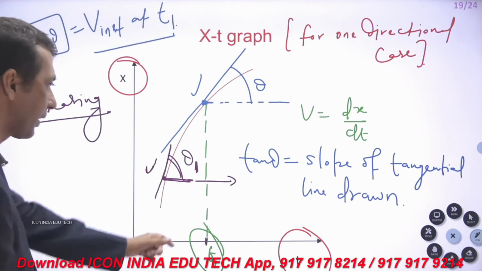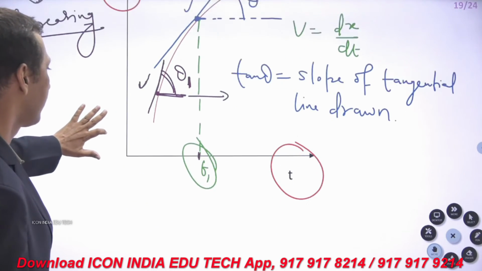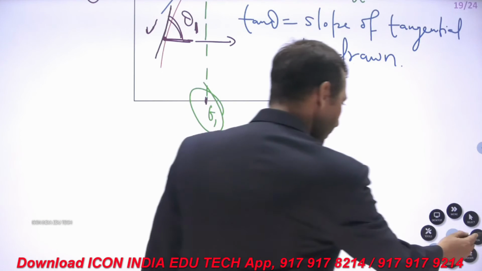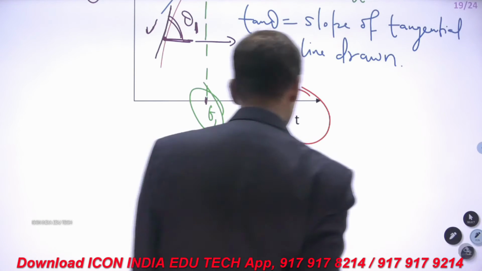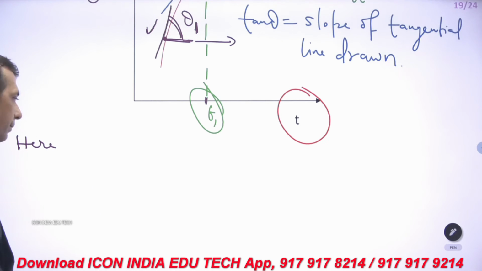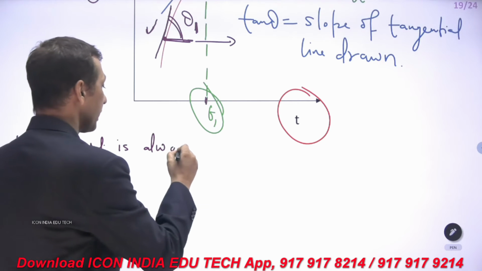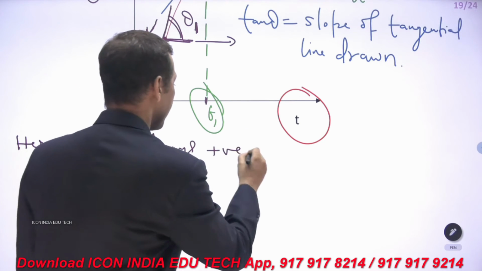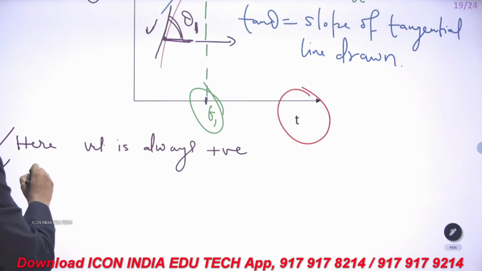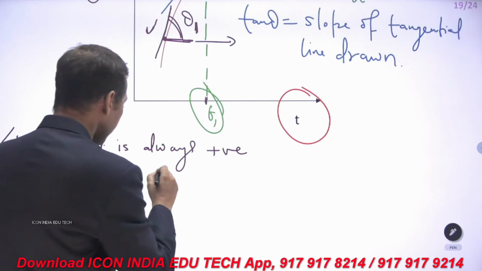So in this example, we can write certain conclusions. Velocity is always positive. Whatever part of the graph is given, we can say velocity is always positive. The magnitude of velocity decreases with time.